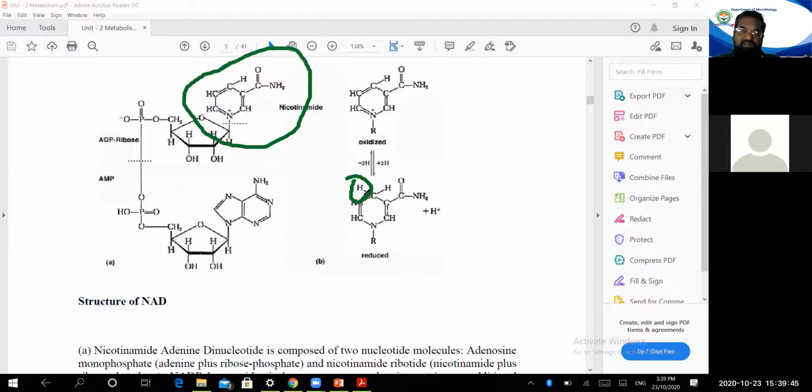It may alter the pH of the cytoplasm. And if such changes, either in the electronic balance of the cell or in the pH of the cytoplasm, are to a higher extent, then they may prove detrimental for the survival of the cell itself.